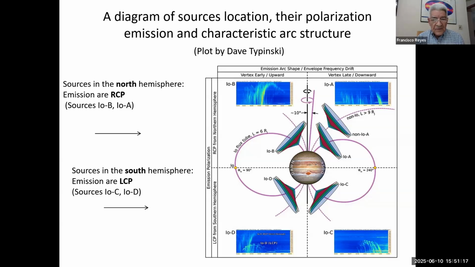And the sources in the southern hemisphere are left-hand polarized, and that includes the sources Io-C and Io-D. I didn't include the non-Io related sources, but these are the main sources related to the position of Jupiter.